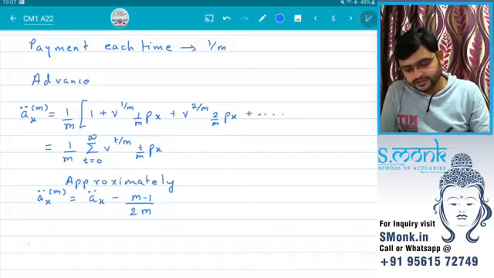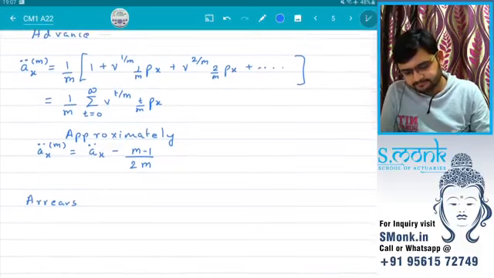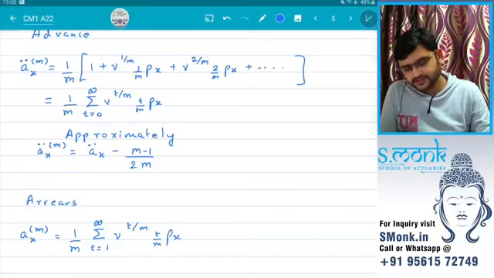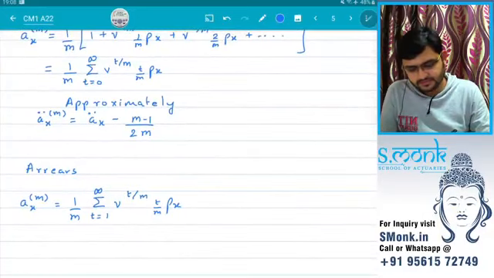Similarly for arrears, a_x payable m times will be 1/m summation t going from 1 to infinity of v^(t/m) t/m p_x.